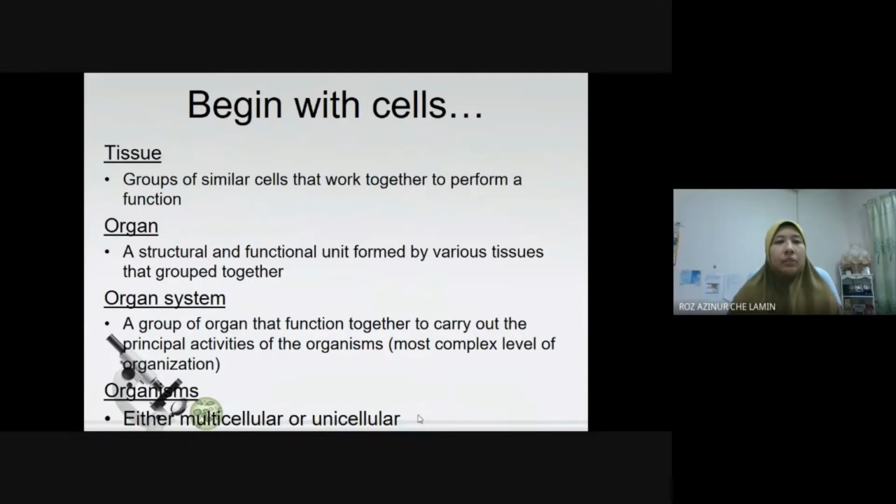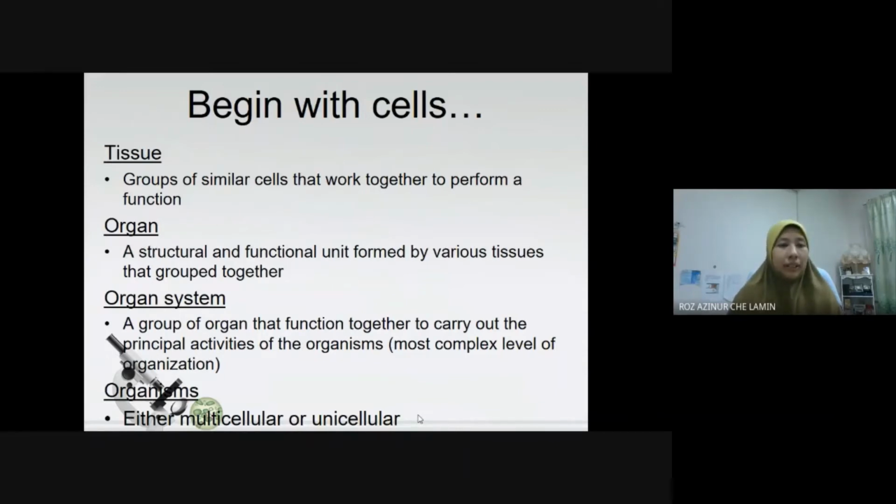The importance of the cell is that the cell is the beginning of other structures, such as tissue. Tissue is a group of similar cells that work together to perform functions, while an organ is a structure and functional unit formed by various tissues that group together.